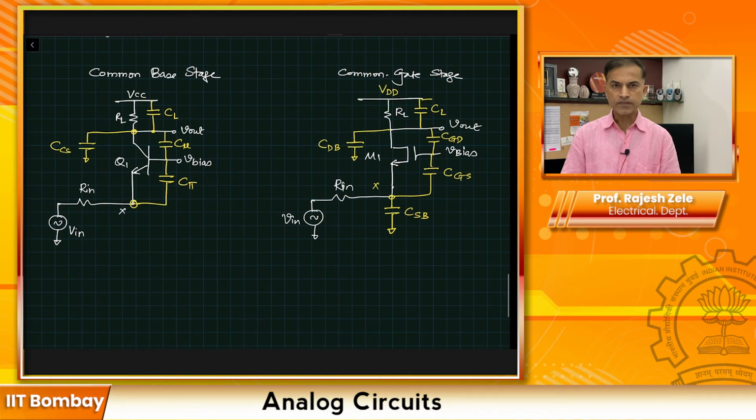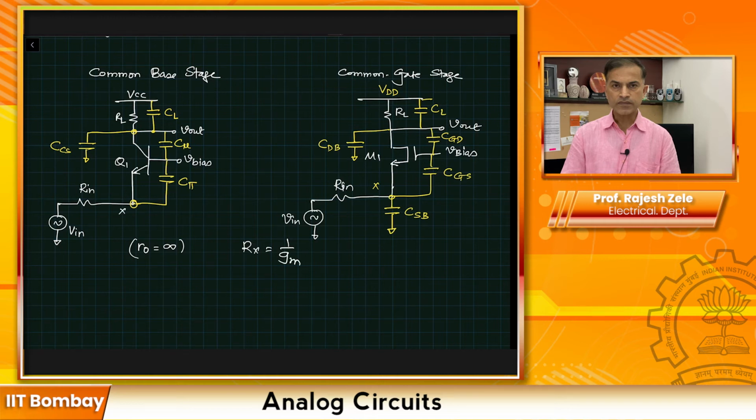So we will draw some of the concepts we have already done. One of them is, what is the resistance at node X? So node X is going to look like 1 over GM node. We are assuming that R out is infinity for first cut analysis. So Rx will be equal to 1 over Gm.